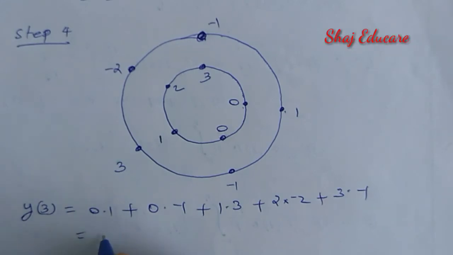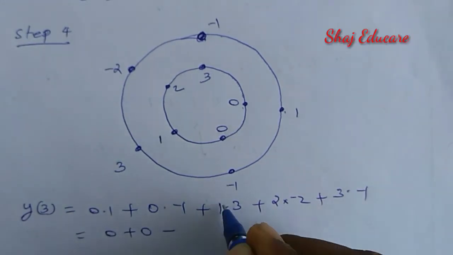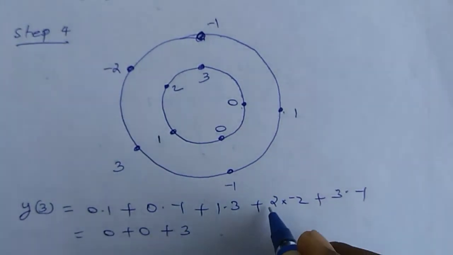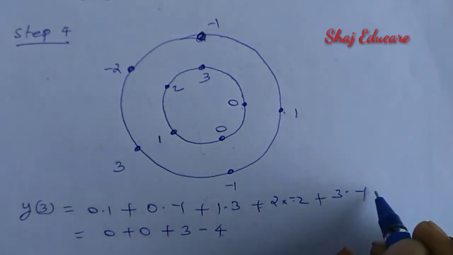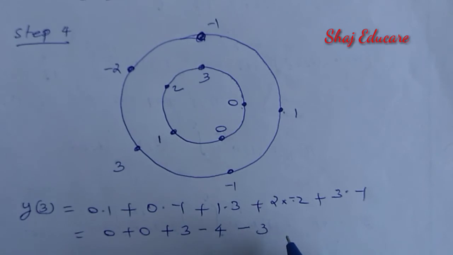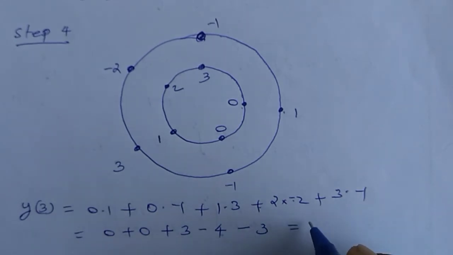Then add them together. 0 plus 0 plus 3, then plus into minus become minus 4, again plus into minus become minus 3, so that I'm getting the answer as minus 4.